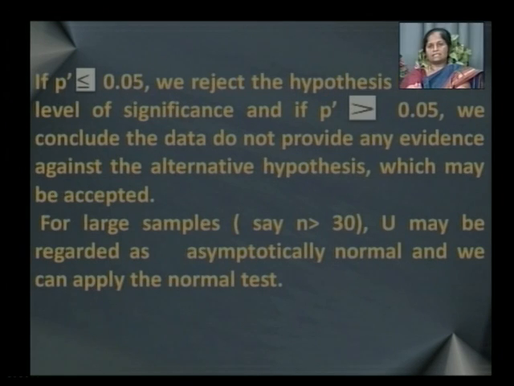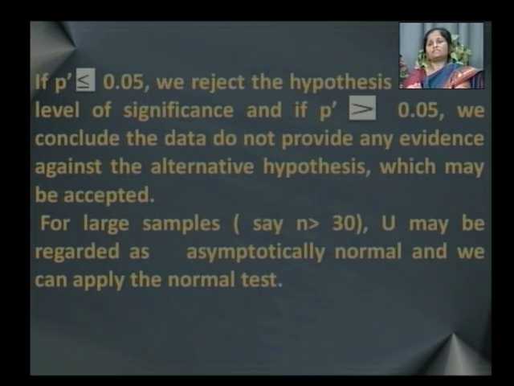If P dash is greater than 0.05, we conclude that the data do not provide any evidence against the hypothesis, and we say that we may accept the hypothesis.